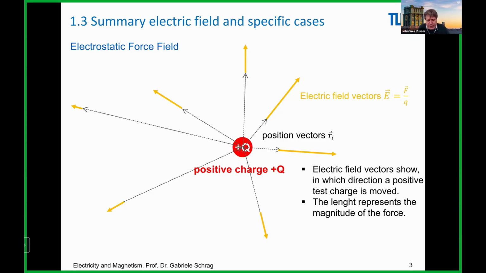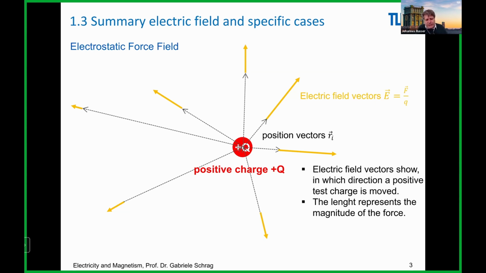So you see that we have now these electric field vectors. They are shown in orange, and these electric field vectors show in which direction a positive test charge is moved. The length represents the magnitude of the force.